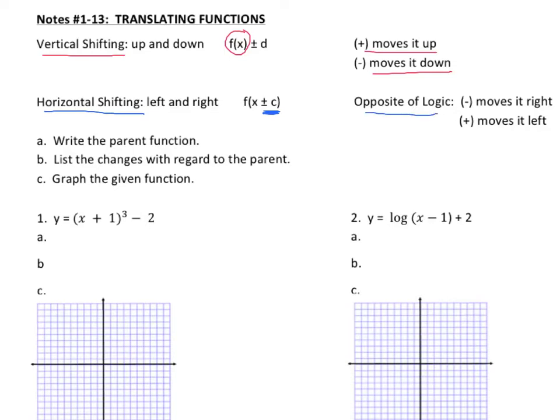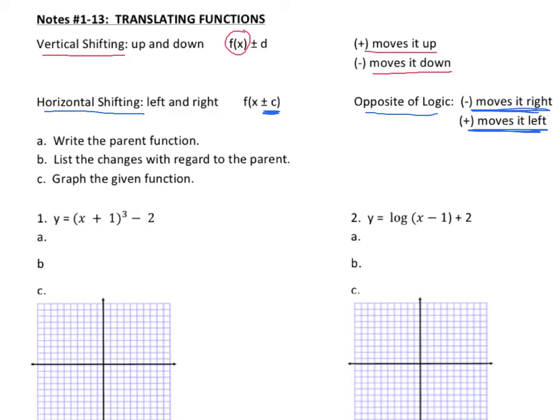So a plus is going to move it to the left, and a minus is going to move it to the right. So just remember, on the inside of the function, it moves opposite of what you think it would do. Plus is going to move left, minus is going to move right. And when we look at stretching and shrinking horizontally, that's going to be the opposite as well. So we'll talk about that later.